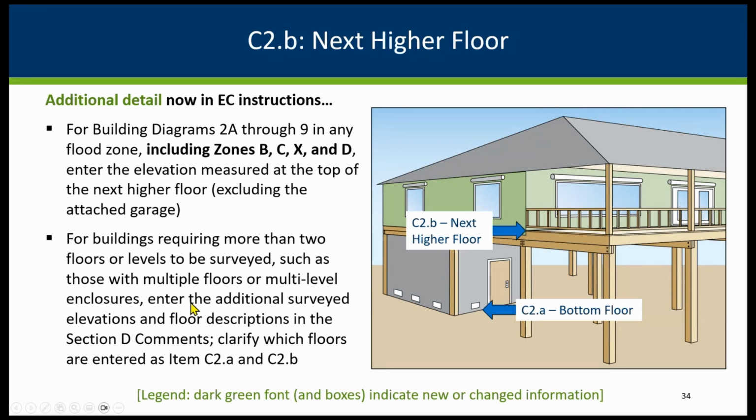And if they have to have more than 2 levels surveyed, they have places to put comments and clarify which floors you're entering as the C2A versus C2B. And in this example, your C2A, your bottom floor is here. The next higher floor is that level up, that's the main level.